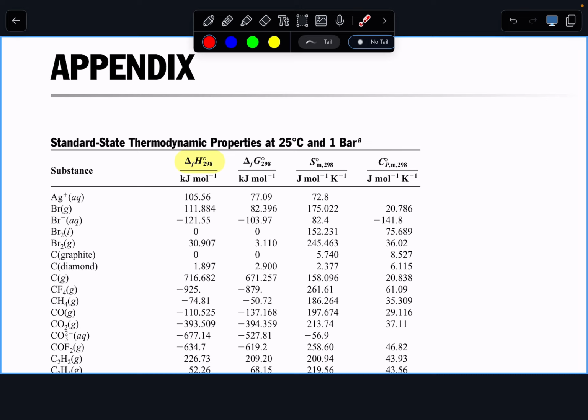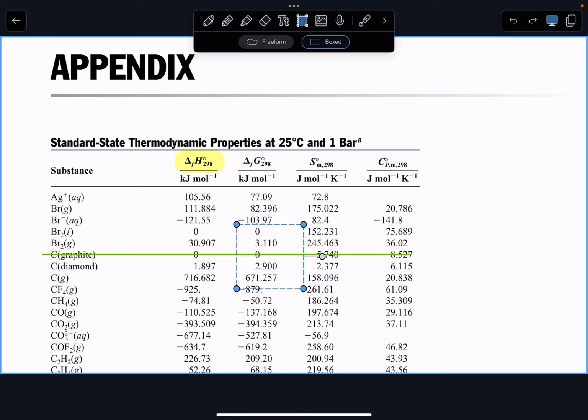This little f tells you that's the heat of formation. Basically that's the amount of energy required to form your substance from its elementary form. Now a substance in its elementary form, for example in this one, like say bromine.